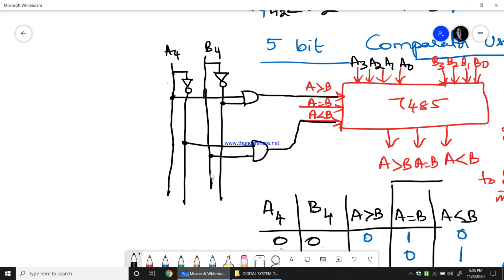And finally, I have A equals B as A4 XNOR B4. So A4 is this, B4 is this, XNOR, and I will connect this to A equals.